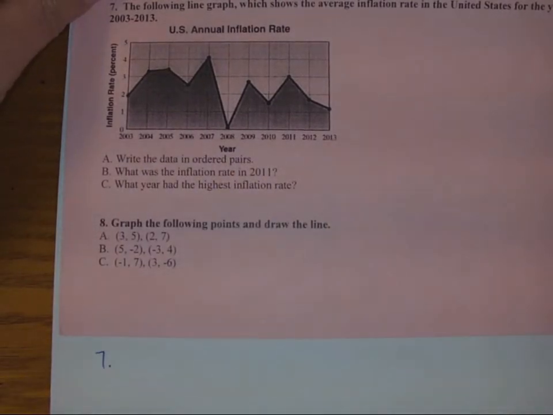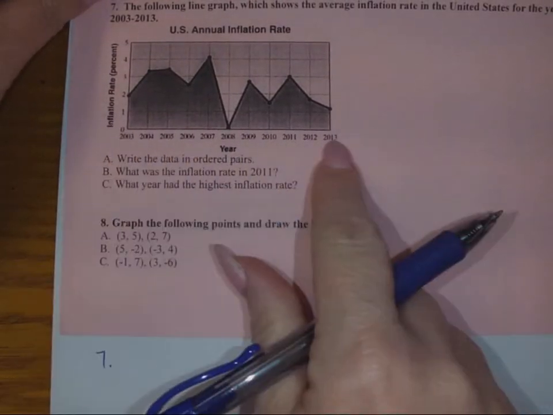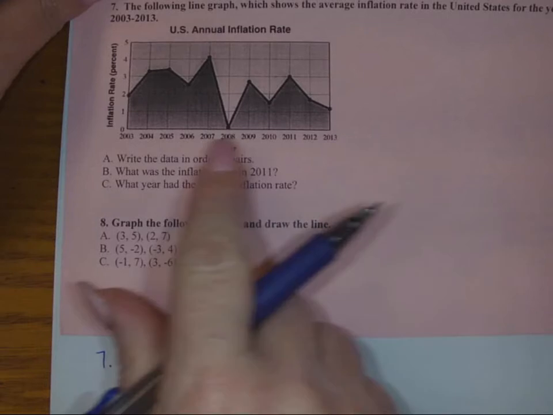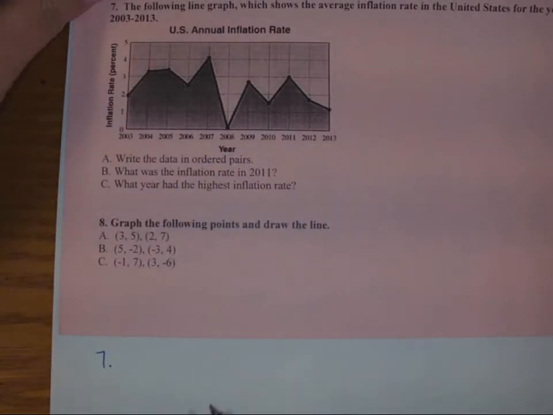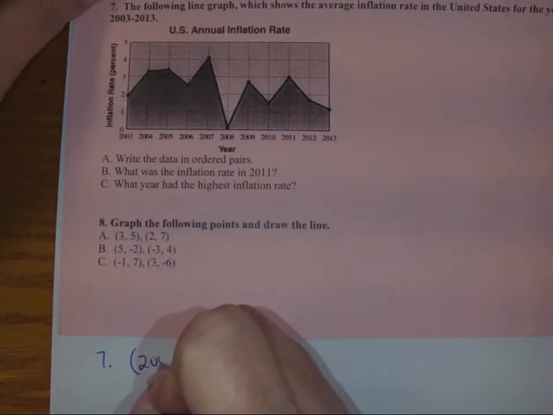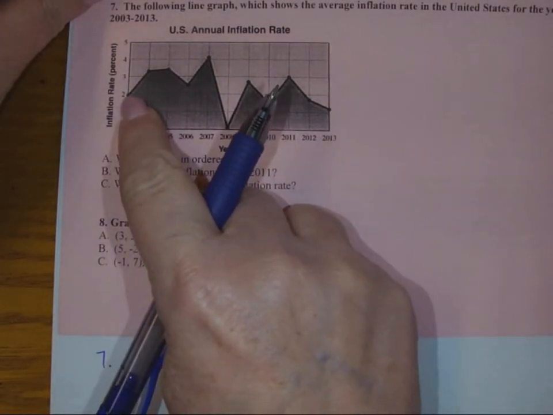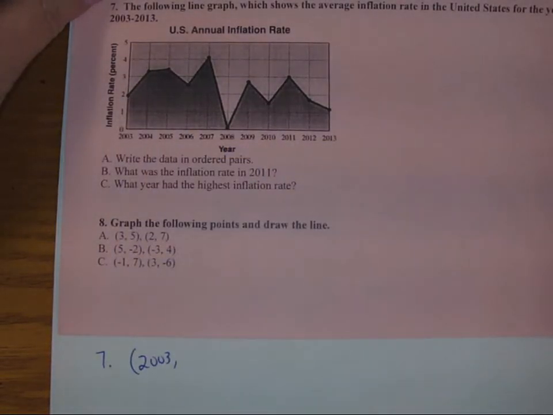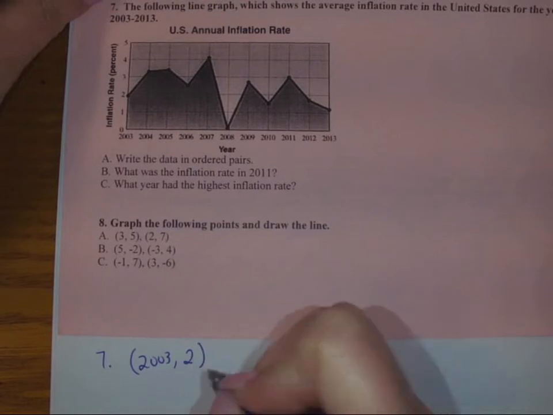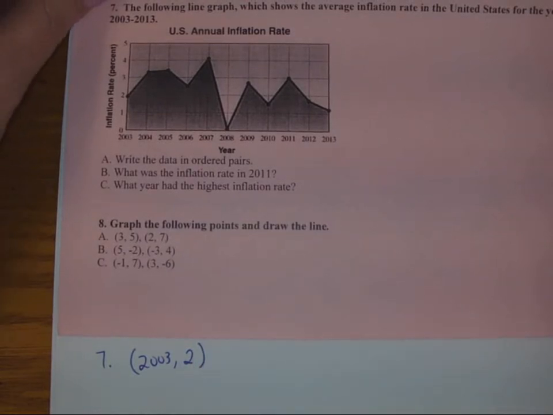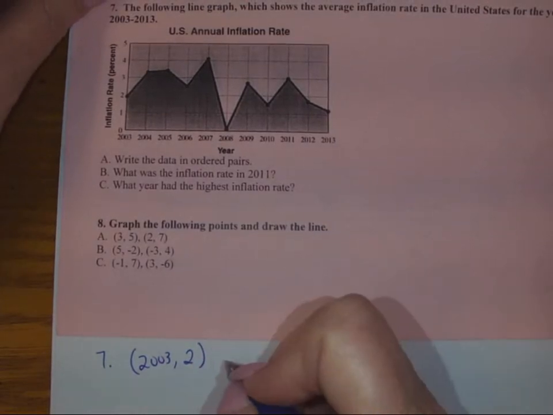We're still looking at x, y. So here are the x's, and then we've got the y's going up. So we're going to start with the year 2003, and when we go up, we're going to hit the inflation rate of 2%. So this is the inflation rate for the United States from 2003 to 2013.